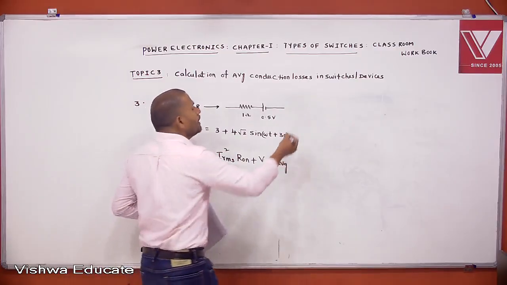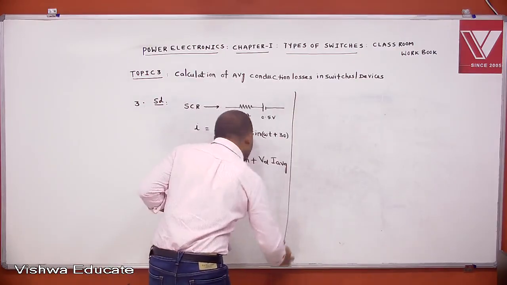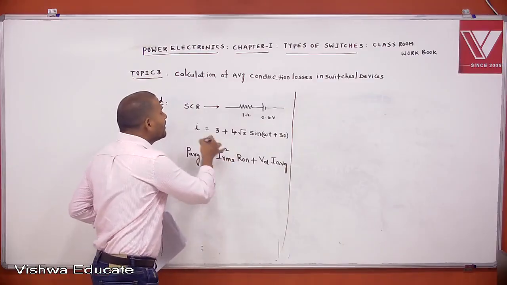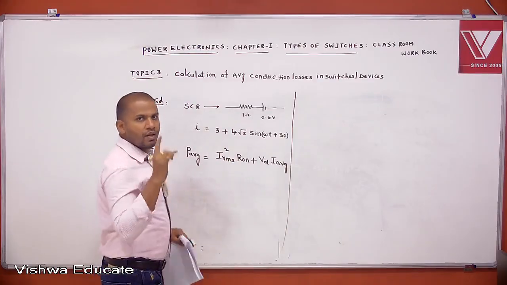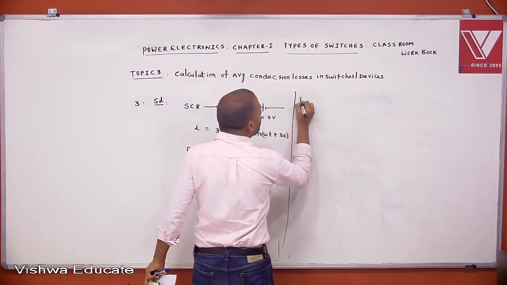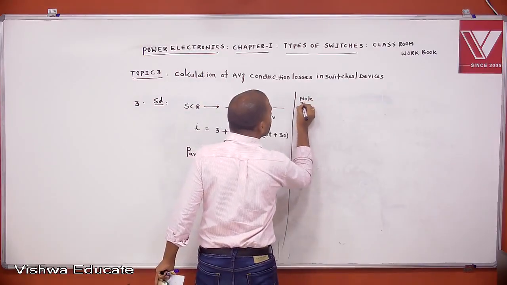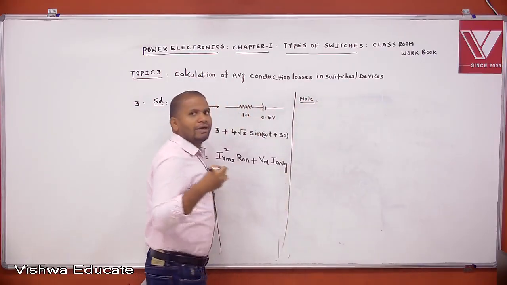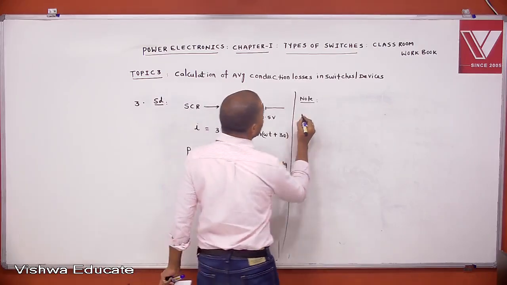Okay. Now tell me, what is the RMS current and average of this current? But to solve this, you remember this as a note. It may be voltage or current.